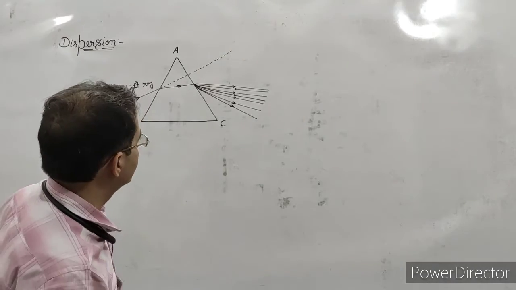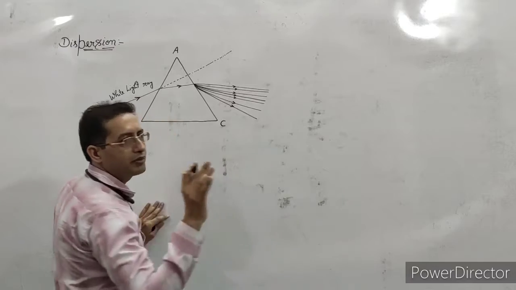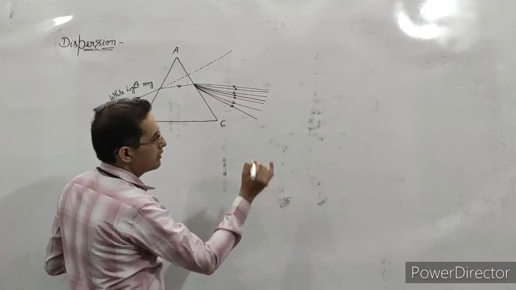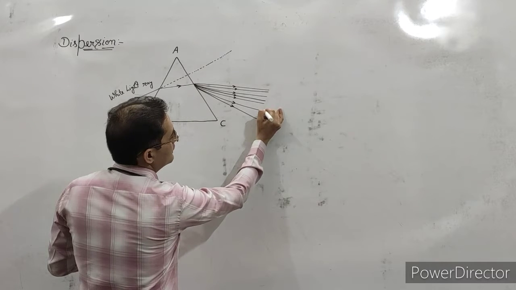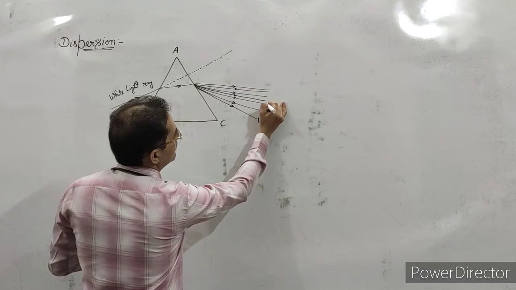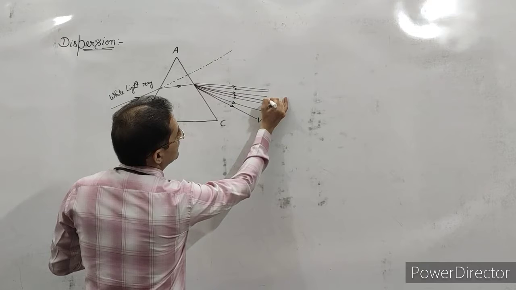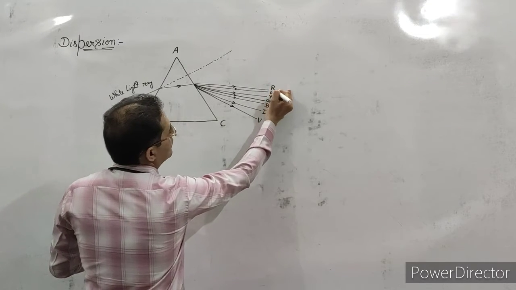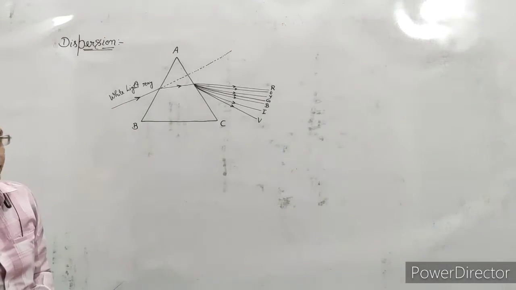And the spectrum has a particular series: at the bottom we observe violet, indigo, blue, green, yellow, orange, and at the top we have the red.